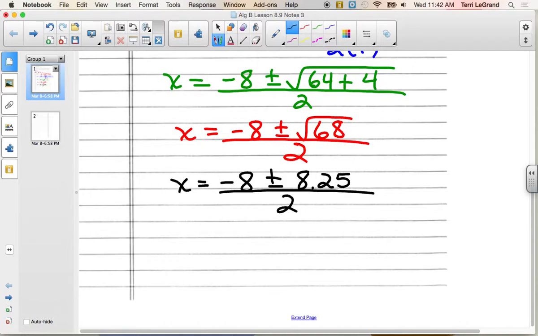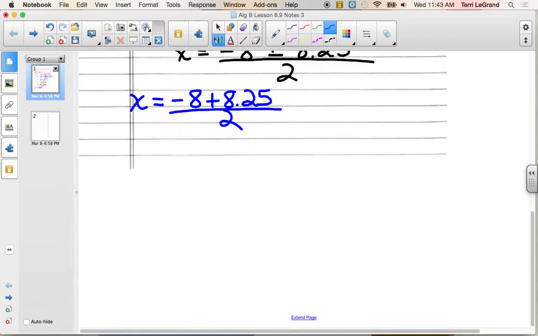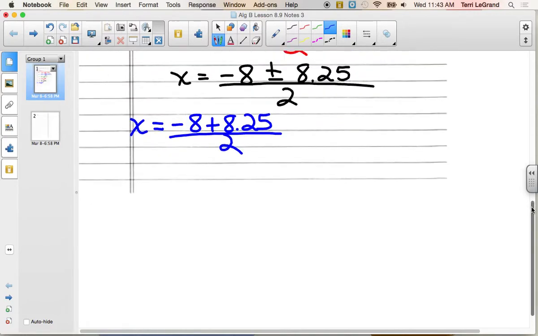Okay. Now we're going to break this into two separate problems. Now we say, okay, I have really x equals negative 8 plus 8.25, all of that divided by 2. And I have x equals negative 8 minus 8.25 divided by 2.